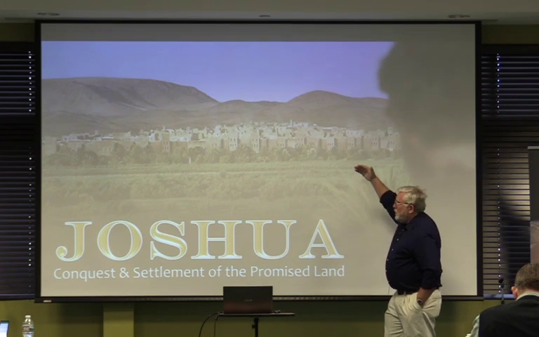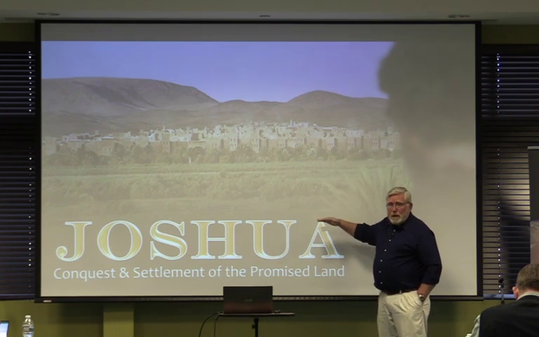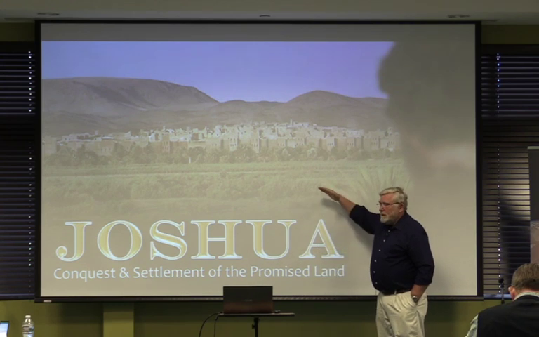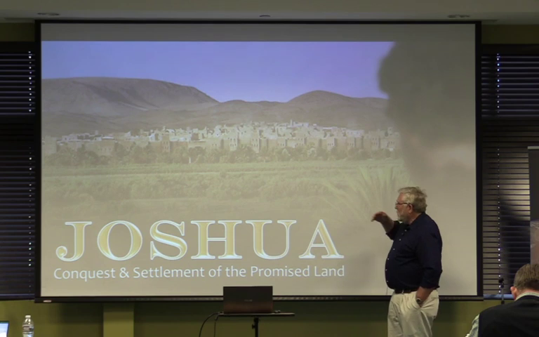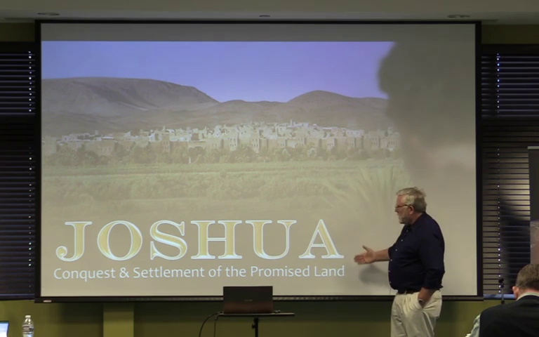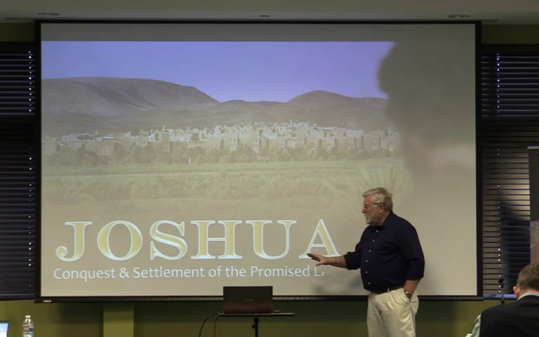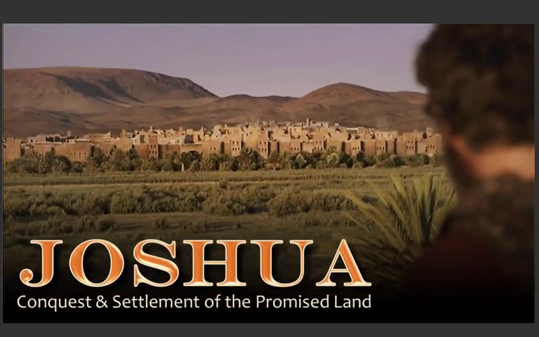This picture, I put a drop shadow on that was a gradient to give me a place to put the title. Otherwise, this just would have all been the same color green here. And Conquest and Settlement of the Promised Land, different font, and one that just fills out Joshua. So they come out together.